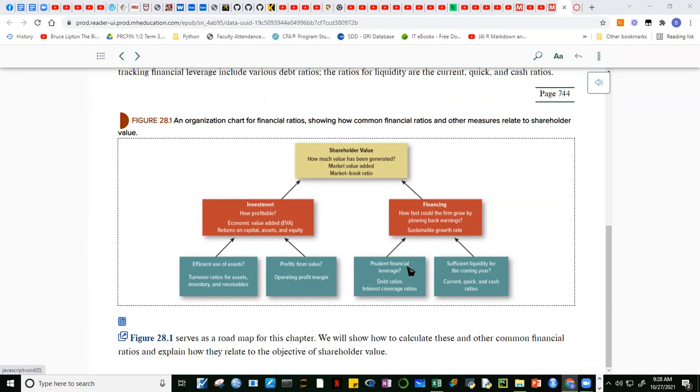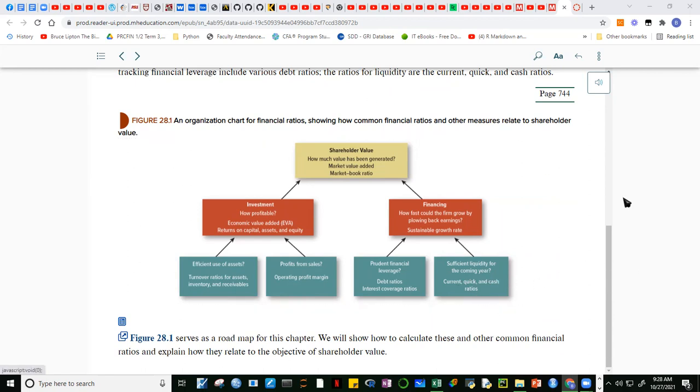Is this the optimal capital structure? And then we mentioned also that a part of financing is acquisition of funds. Is the firm able to acquire funds? Is it liquid enough in order to sustain its operations? How are we to measure this? We have current ratio, quick ratio, cash ratios.